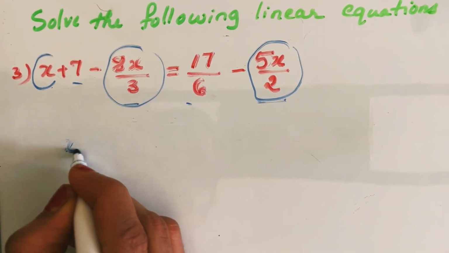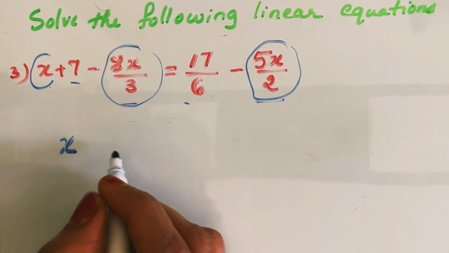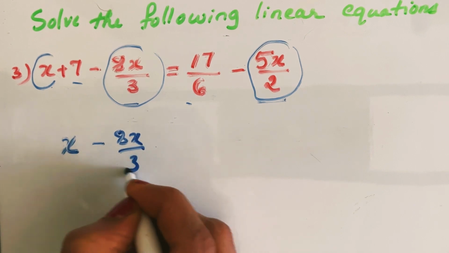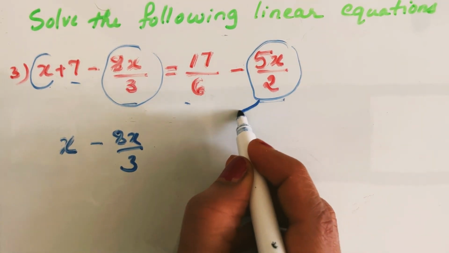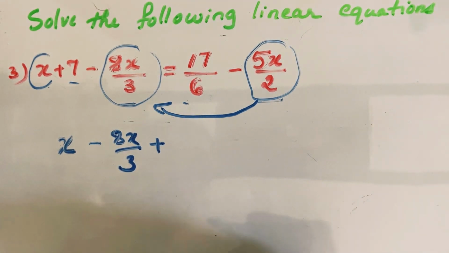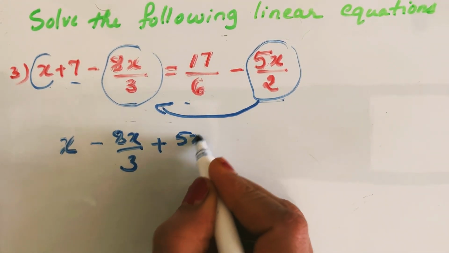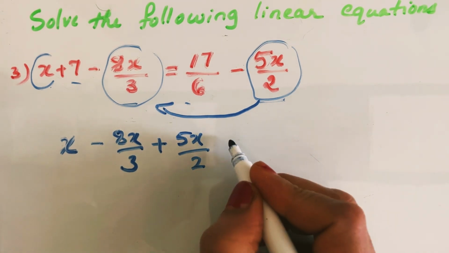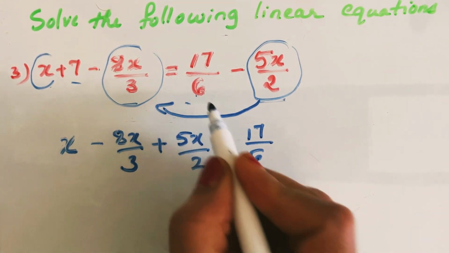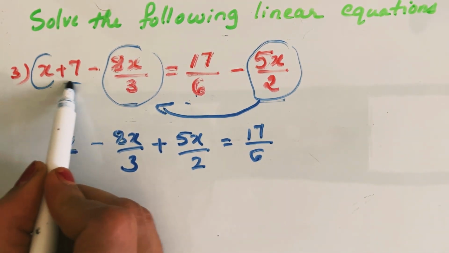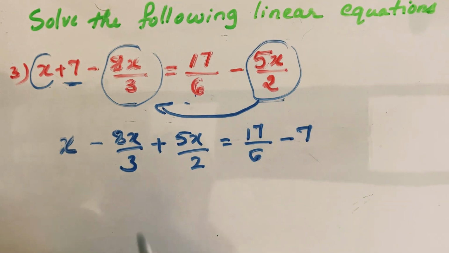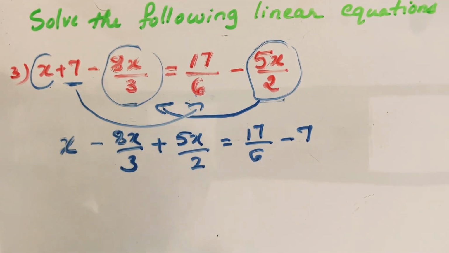First is x as it is, minus 8x over 3, and this minus will become plus when you take it to the other side of the equation. So plus 5x divided by 2 is equal to 17 over 6, and this plus 7 will become minus 7 when you take it to the other side of the equation.